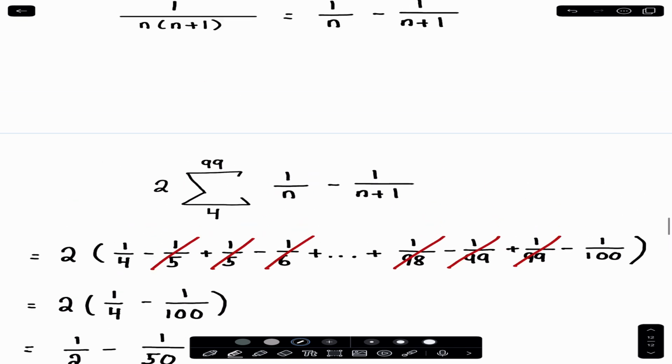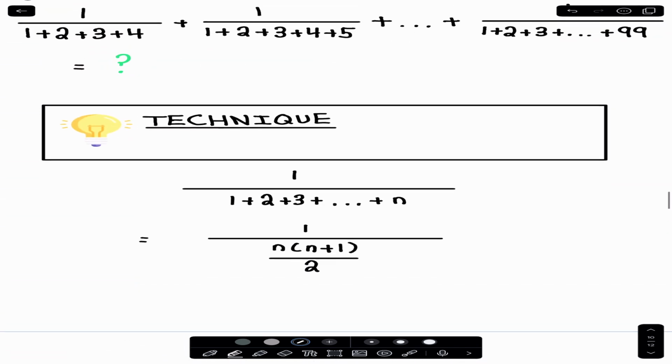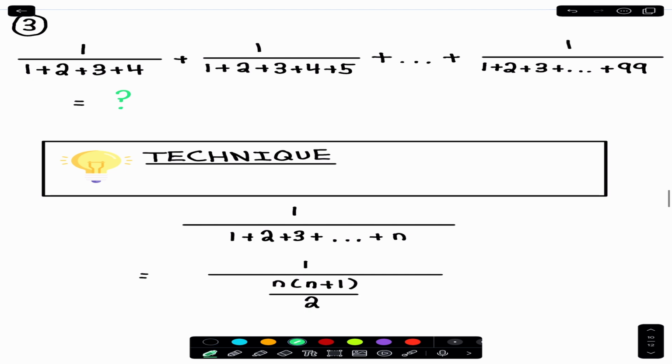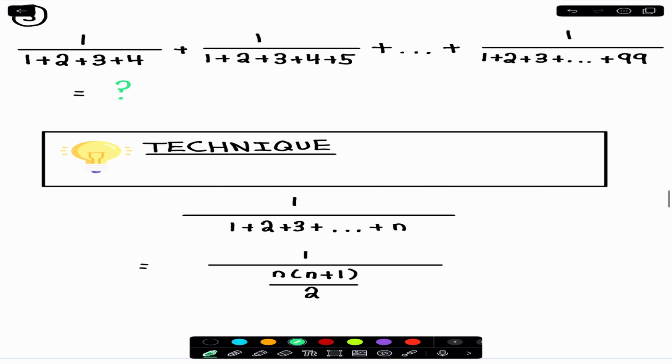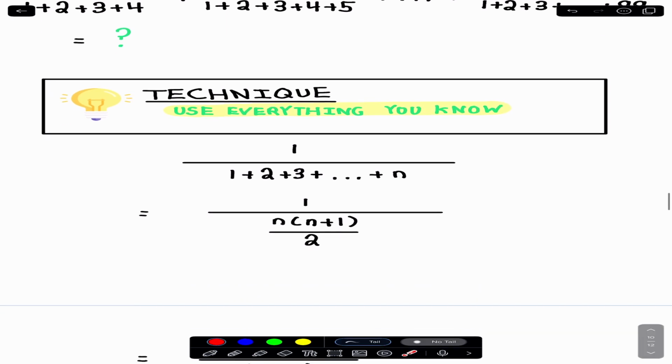So what was the big idea over here? In this problem, we need to use everything we know in math. So you can't forget things and get stuck and say, oh, I don't know what to do. Wrong, you do know what to do. For example, over here, what did we have to use?